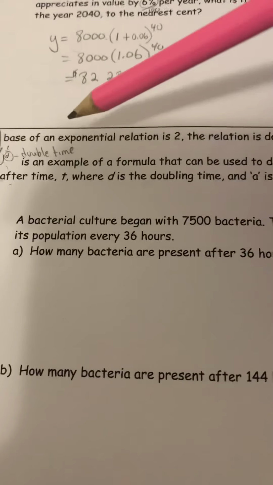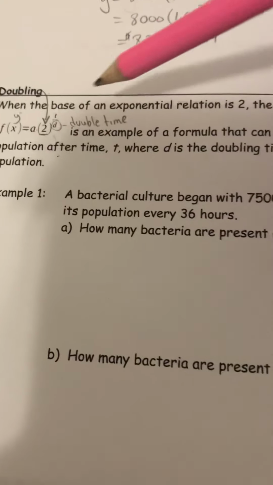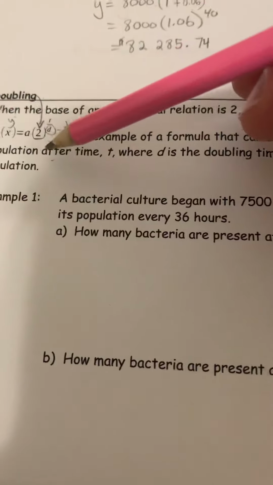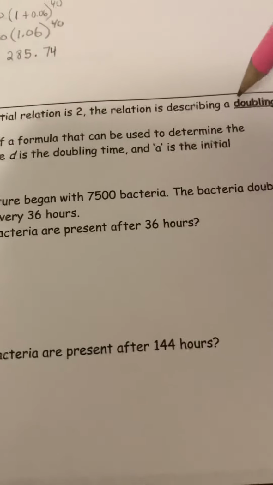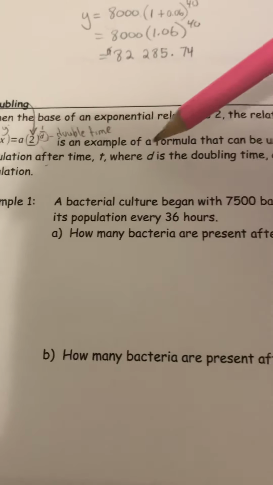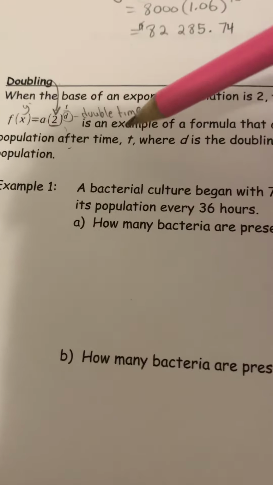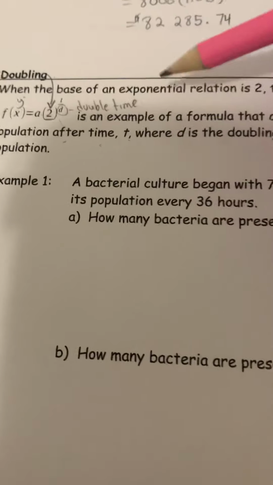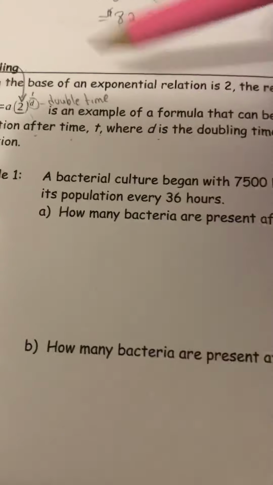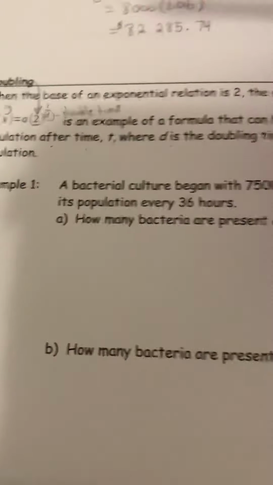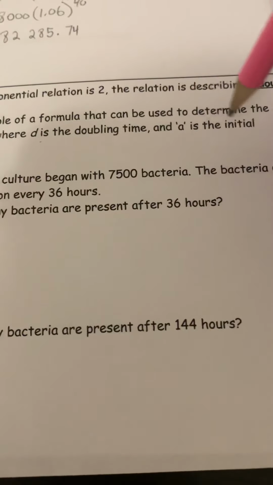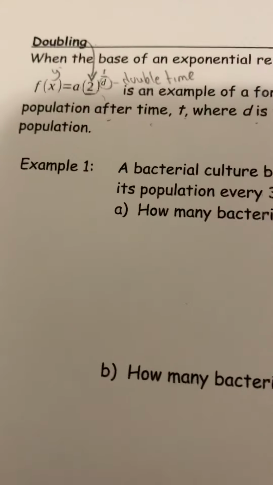Okay, so it says here when the base of exponent relation is 2, that relation is described as doubling. Example of formula that could be used to determine the population after time, t, where d is the doubling time. So t is time, d is doubling time. And a is the initial value or population in this case.